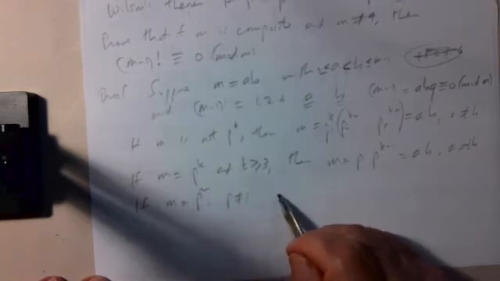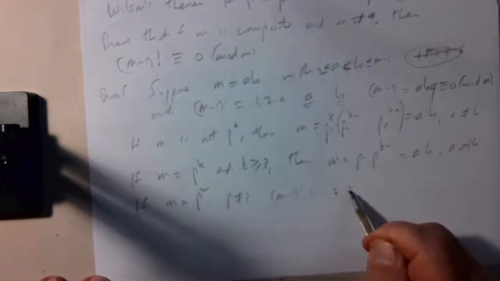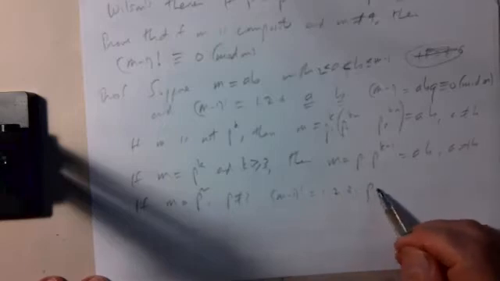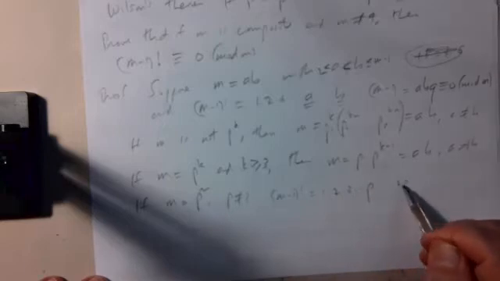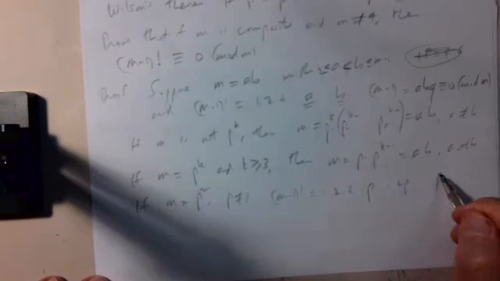So if I look at M minus 1 factorial, this is 1 times 2 times 3. I have a p in there, I have a 2p in there, up to p squared minus 1 factorial.